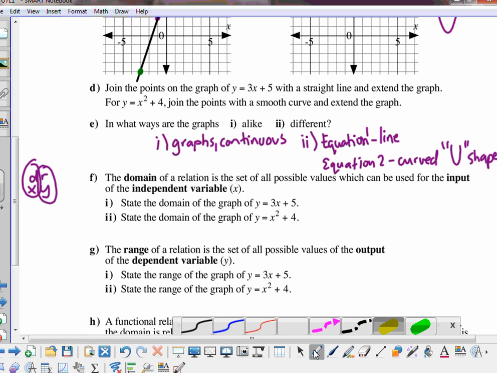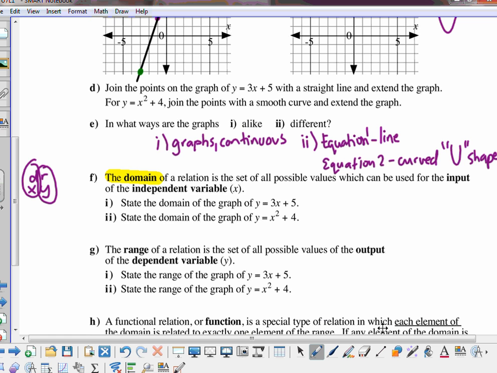Okay, so the domain of the relation has to do with the input or the x values. So the location of the x values, the independent variable. When we find the domain, which is the x, we ask how far, remember that? Which direction? Up and down or left and right?